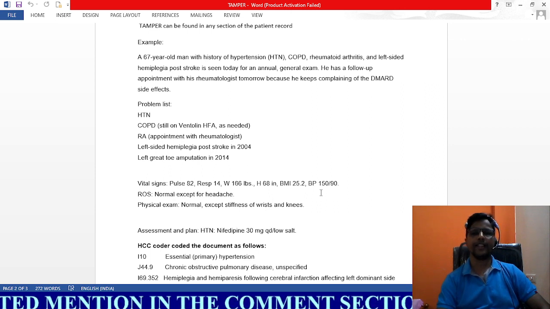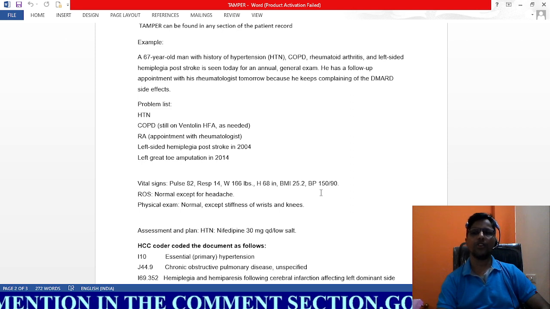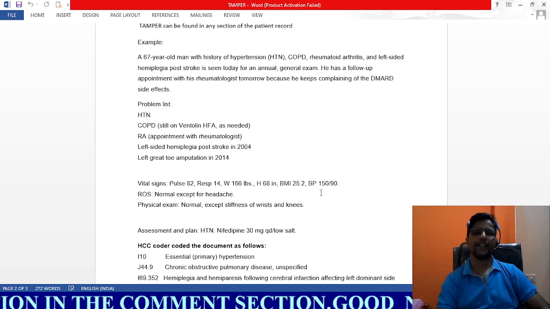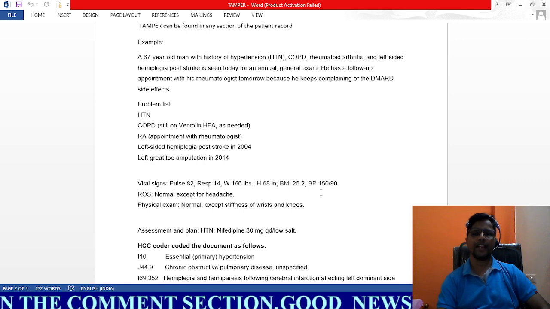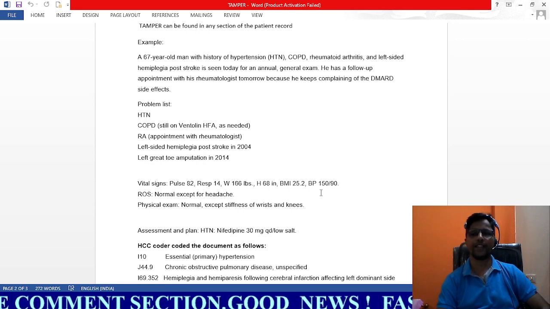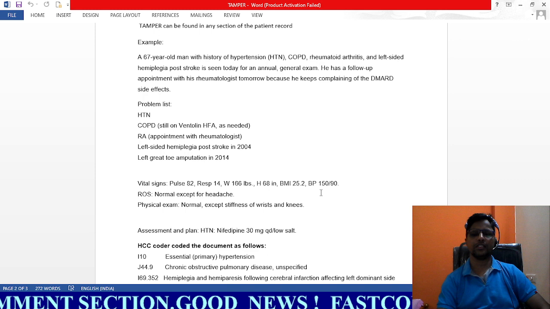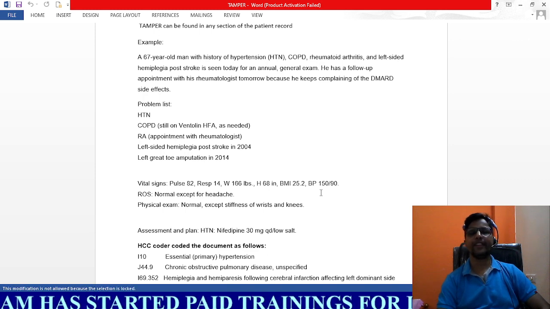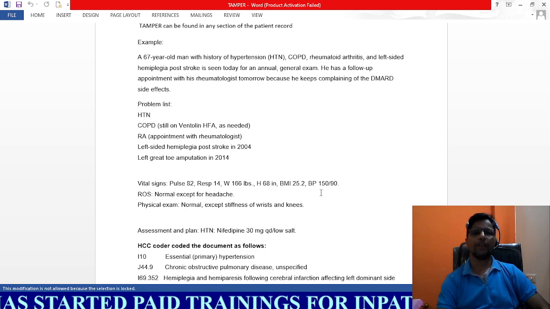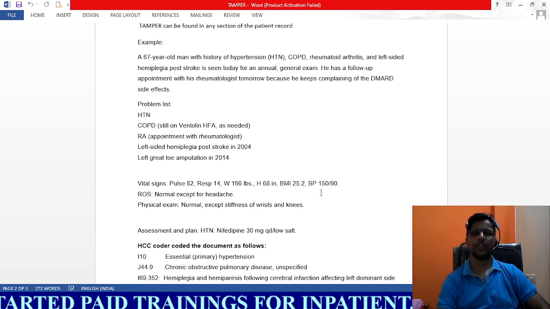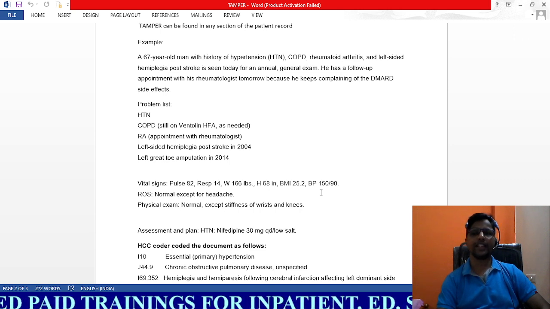He has a follow-up appointment with his rheumatologist tomorrow because he keeps complaining of the DMARD side effects. So this patient is going to have a follow-up appointment with the rheumatologist tomorrow because of the DMARD side effects.